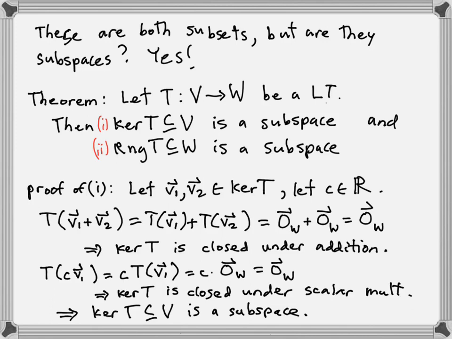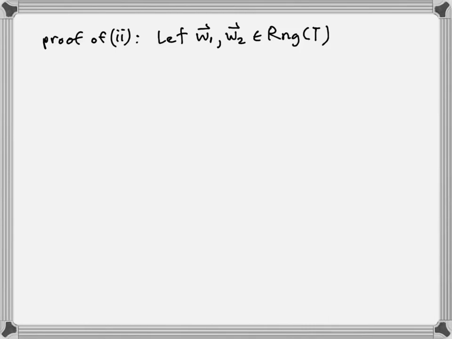Okay, let's go ahead and prove part 2 now. So proof of part 2, we're going to let W1 and W2 both live in the range of T, and again, take a real number.